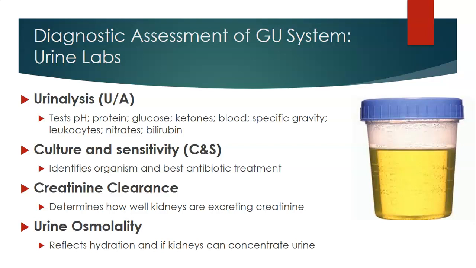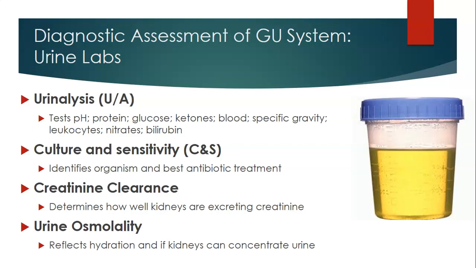Culture and sensitivity, abbreviated C&S. This is used to identify organisms and usually the best antibiotic treatment. So again, you will usually see a UA and C&S ordered on someone who is presenting suspicious for a urinary tract infection. What they're looking for is to see if they have any constituents which might indicate a urinary tract infection.